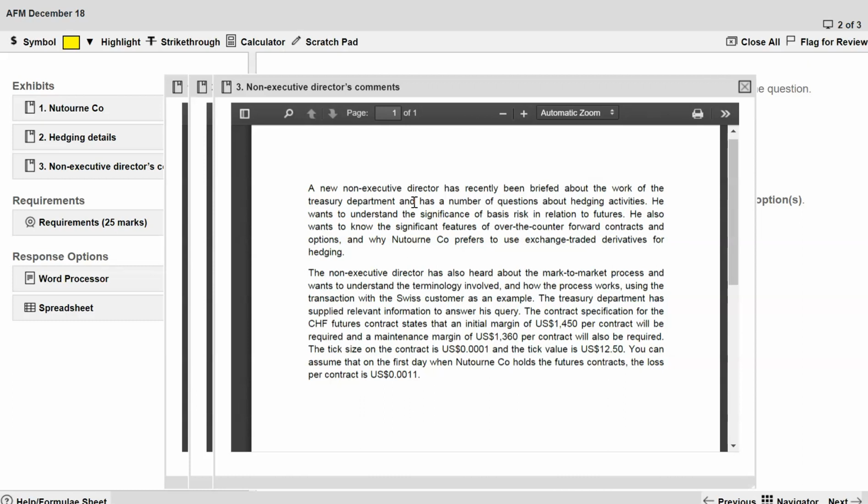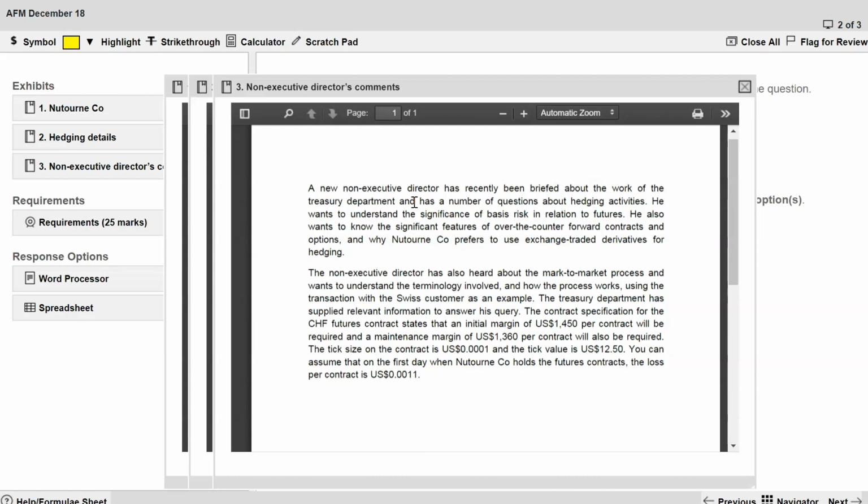Contract specification for the CHF future contract states that an initial margin of $1450 per contract will be required and a maintenance margin of $1360 per contract. You will do mark to market if on any day your margin falls below the 1360 level; you will have to deposit a further amount, the difference between that level and 1450.